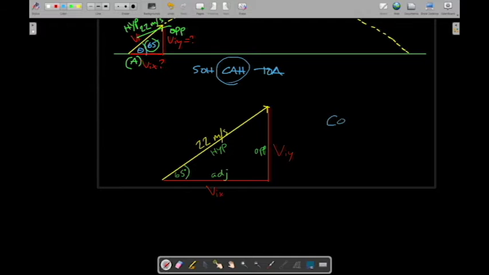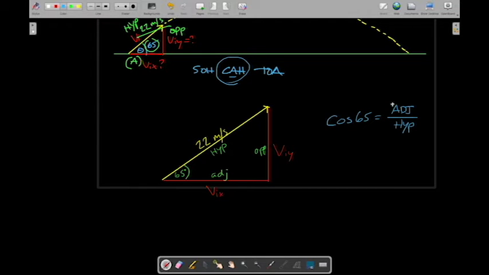You can even plug in the value right now: cosine of 65 equals adjacent, where the second letter represents the numerator and the third letter represents the denominator. So the equation comes out to be adjacent divided by hypotenuse.